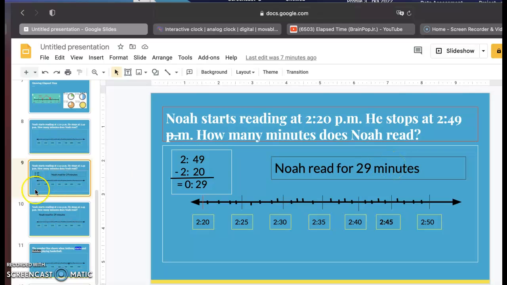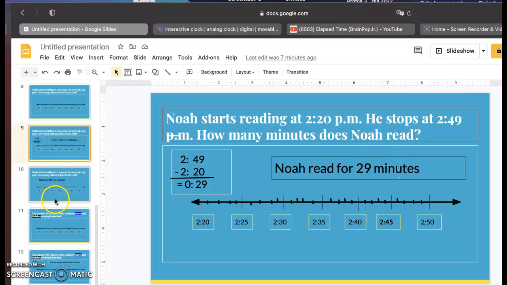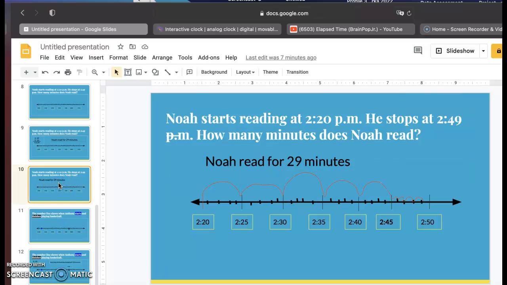But I also saw some of you guys do it another way, just simply using the number line. And we're able to use a number line because we know that, say, for example, 2:20 and 2:25, they are 5 minutes apart. We also know that he stops reading at 2:49. So if this is 2:50, we know that this is 2:49.